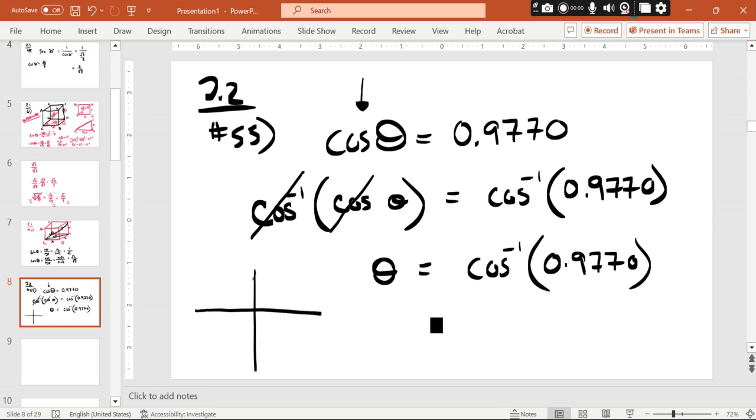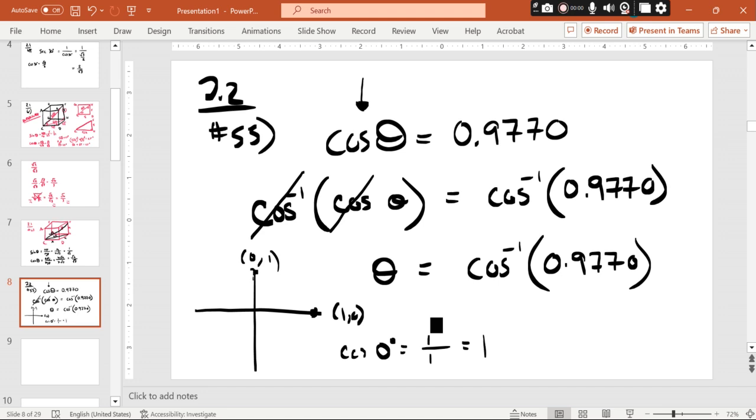So remember how this guy is 1, 0, and this guy is 0, 1. True, true? And so cosine of 0 degrees would be 1 over 1. Everybody agreed there?